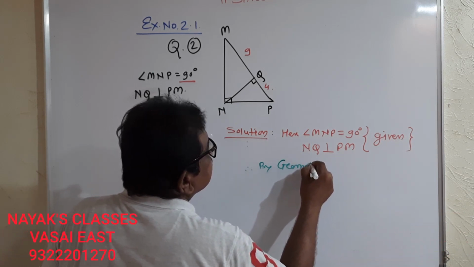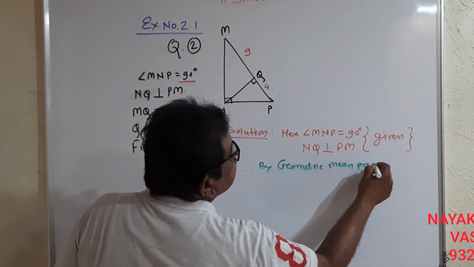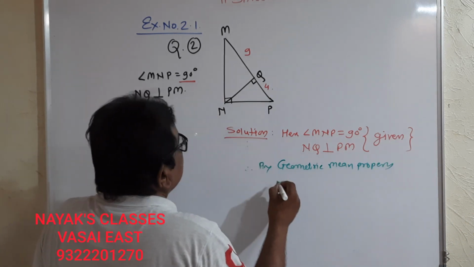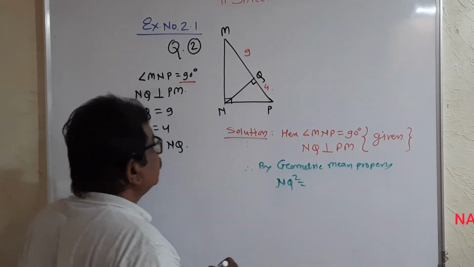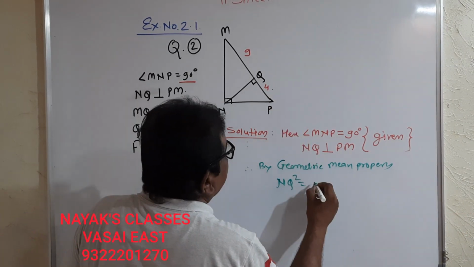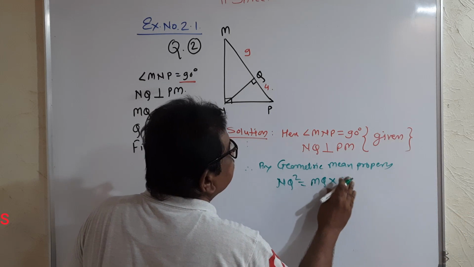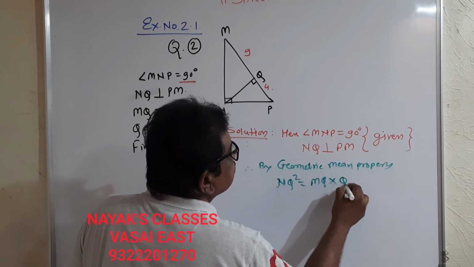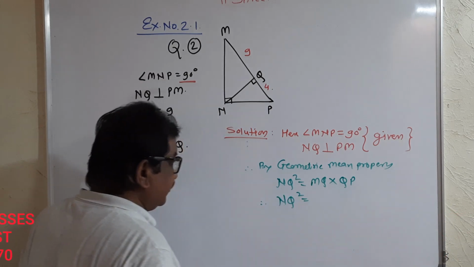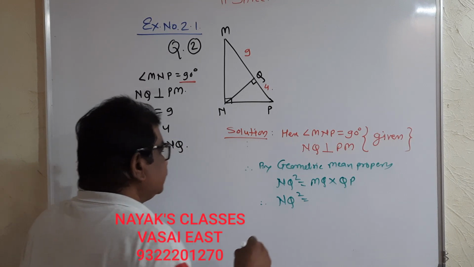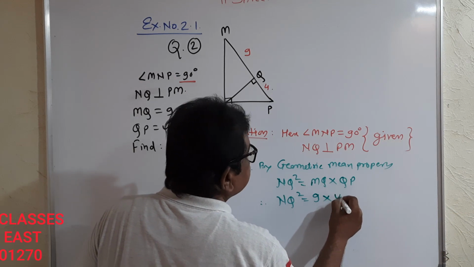Geometric mean property. NQ square is equal to MQ into PQ, or QP. Therefore, NQ square is equal to MQ is 9 and QP is 4.